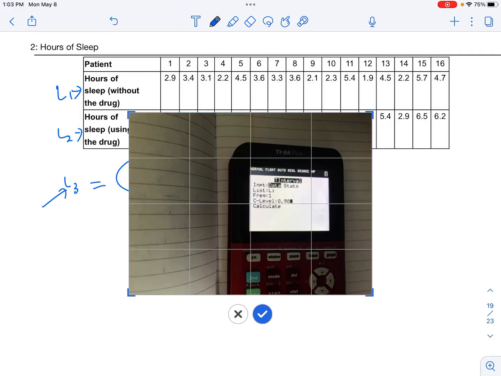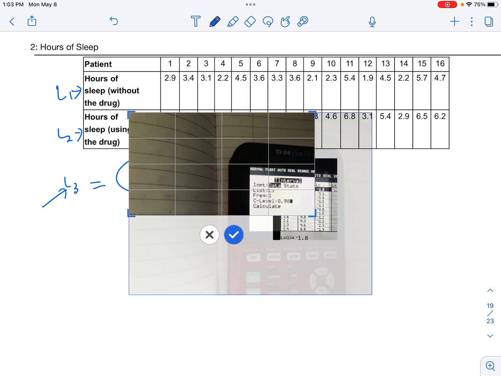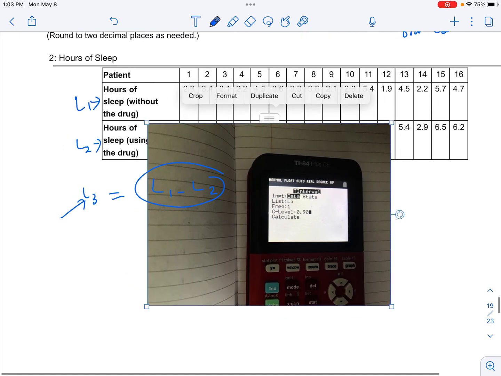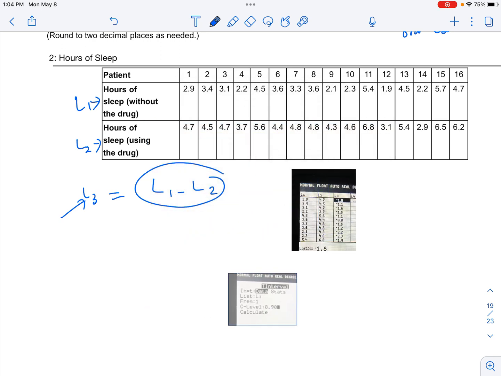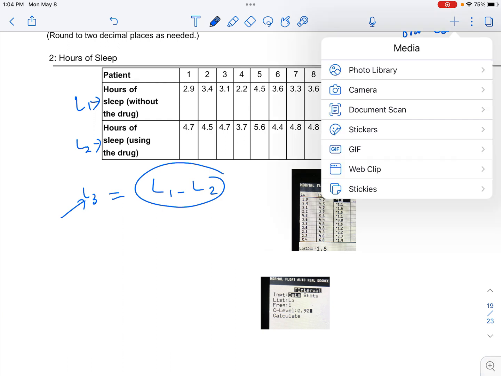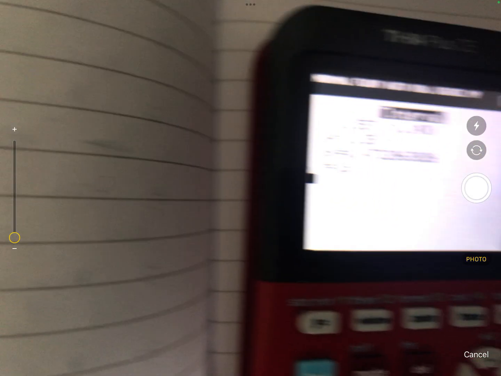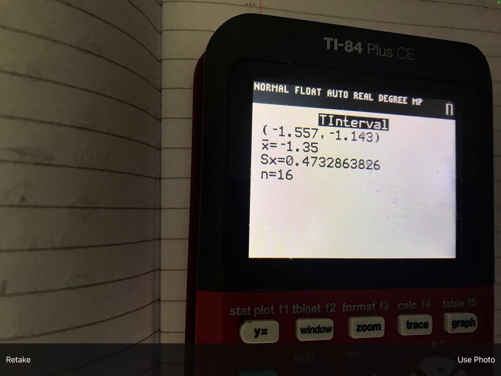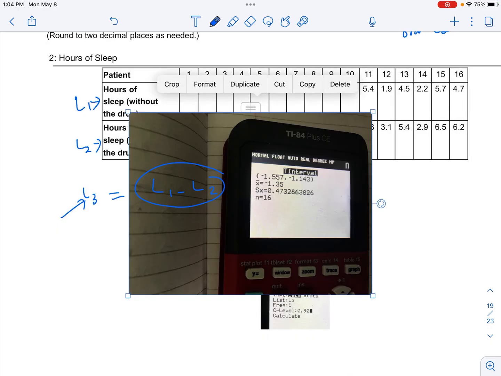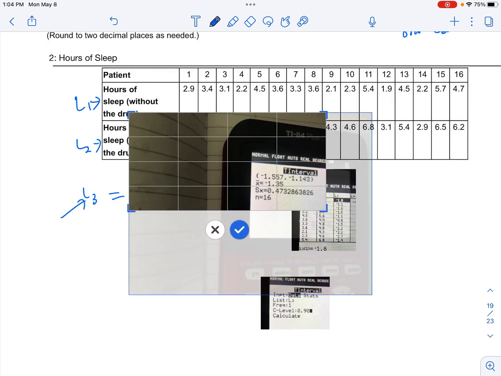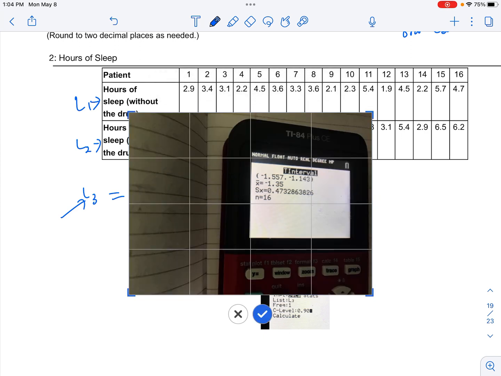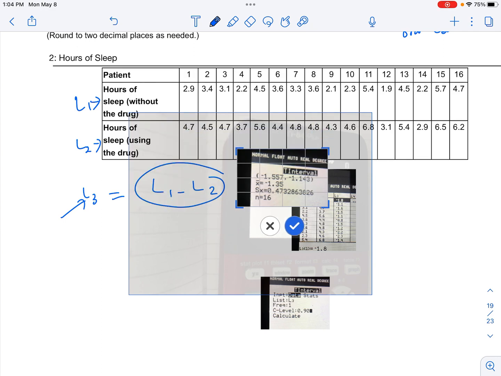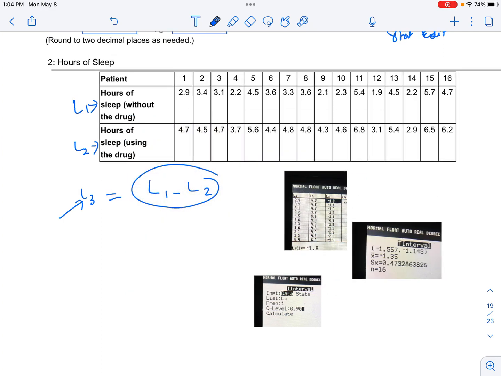And then you press calculate. When you press calculate, I'll show you my results. This is what we have. So there goes your T interval, just so you know. There goes the T interval, and we're good.